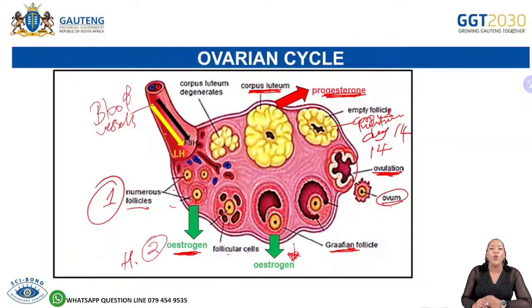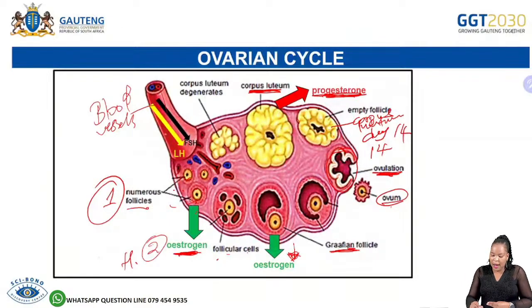So looking at the events of what is happening in the ovaries, we are able to trace that the follicles are going to secrete the hormone estrogen, and then after the Graafian follicle has ruptured, it is going to become a corpus luteum, which is going to secrete the hormone progesterone. This is how we say the two hormones are secreted by the ovaries.